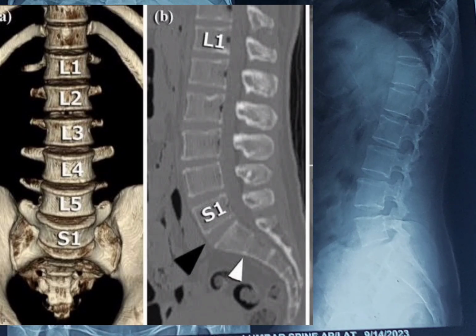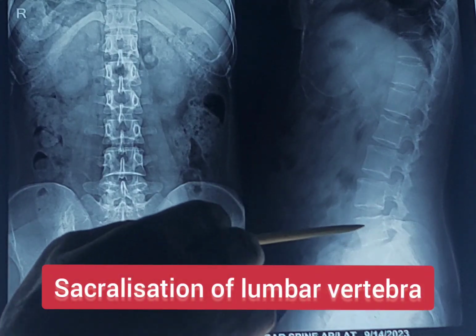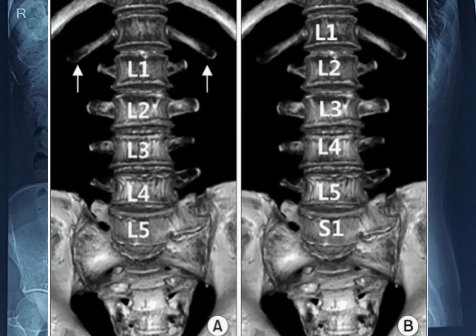Then another term is sacralization of lumbar vertebra. In that case, the fifth lumbar vertebra becomes part of the sacrum. The sacrum then consists of 6 vertebra and the lumbar vertebra become 4. So remember these two conditions, lumbarization of sacral vertebra and sacralization of lumbar vertebra.